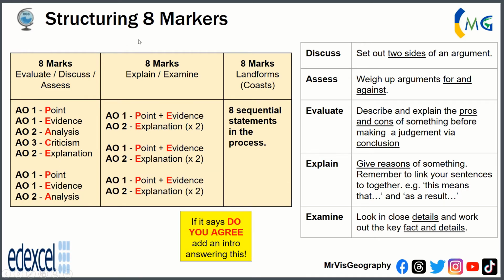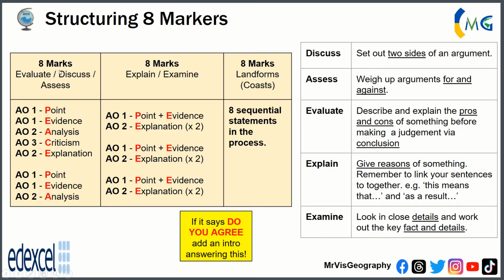An 8 mark question at A level is basically like the 6 mark at GCSE, except that it's 8 sequential statements for the coasts. If you do an 8 mark explain or examine, you do the same as 6 marks, but you add an extra paragraph underneath. So you make a point, give a bit of evidence, and explain that twice, giving an in-depth 8 marker.